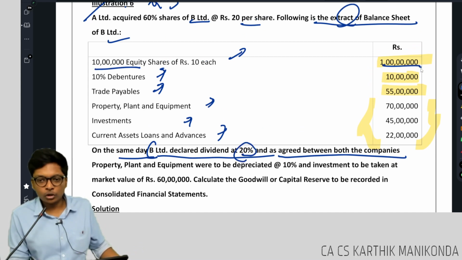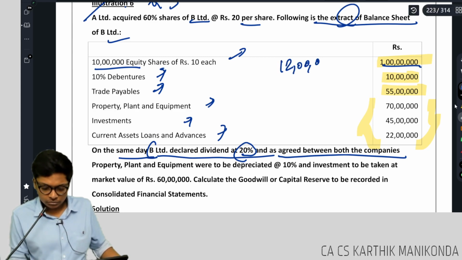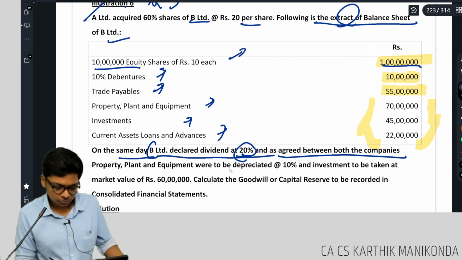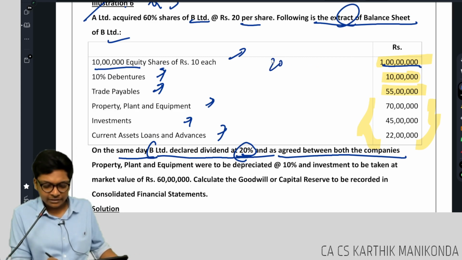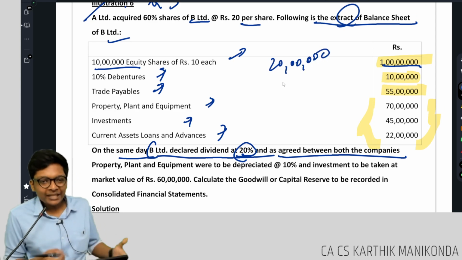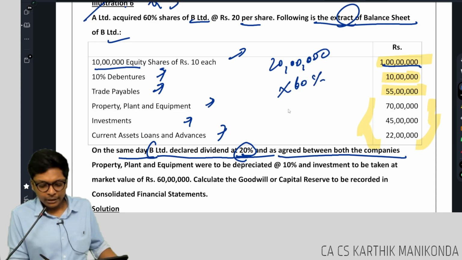Correct? 1 crore. So it will be, no sorry. No. Overall dividend first is 20 lakhs. Correct? In that holding share is into 60%, 12 lakhs.